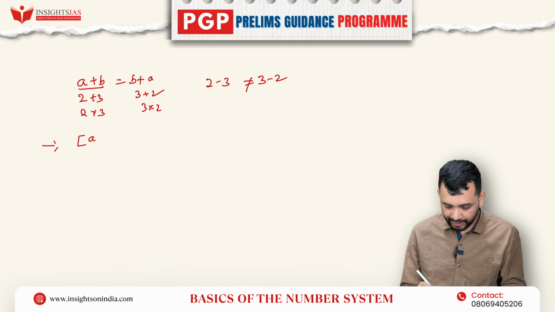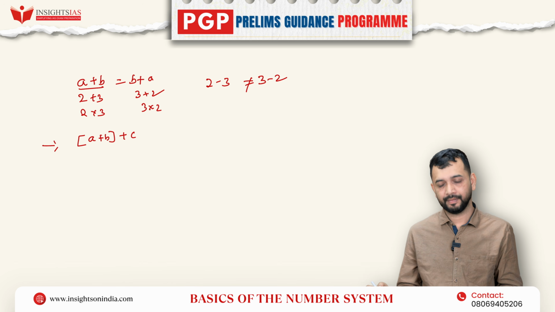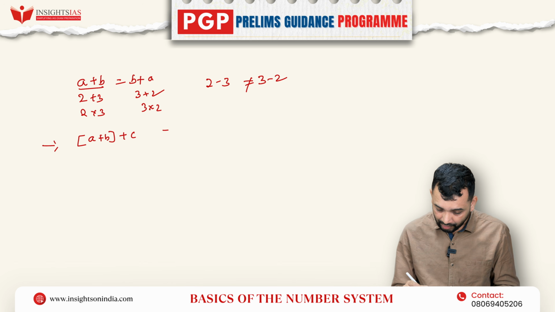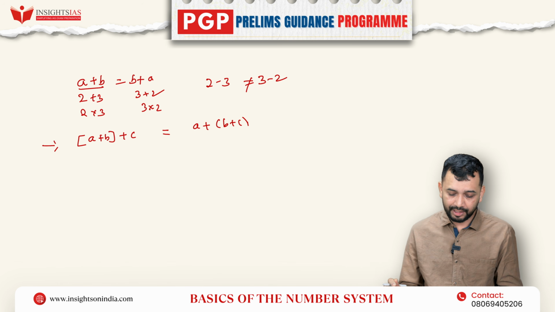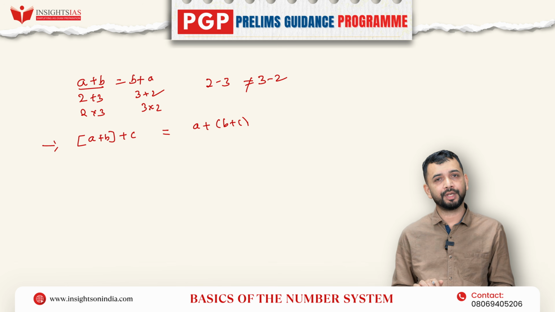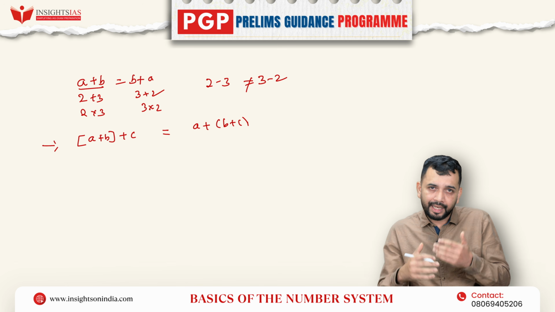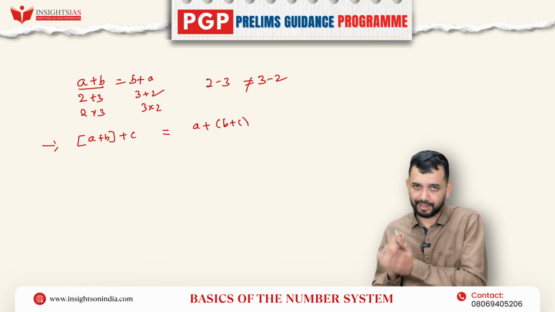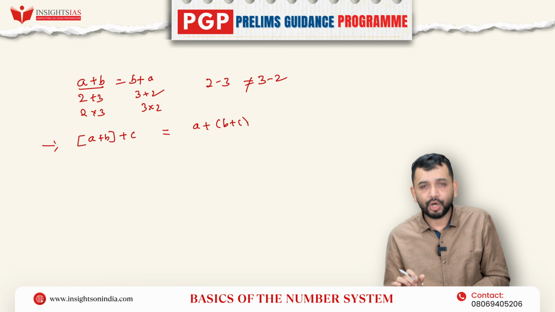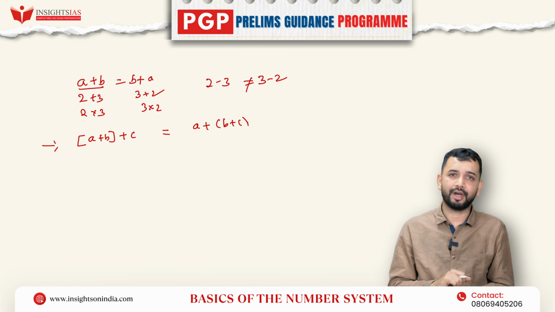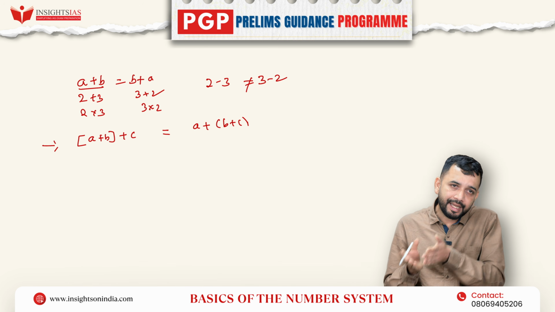Now, let's look at this. Let's say I have three numbers, a plus b plus c, which is also equal to a plus b plus c with the brackets placed differently. That means that here the first operation was a plus b as it is in the bracket, then I am adding the result with c. That is also the same as if I add b plus c first, then add it to a.